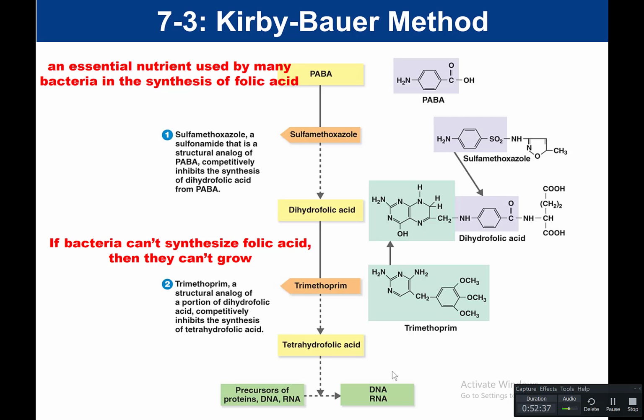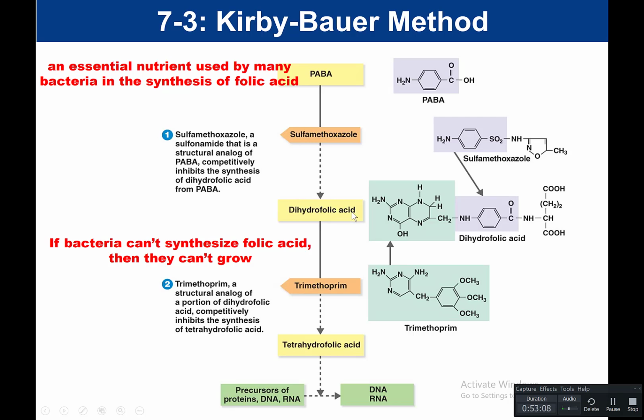Now, the way that the sulfa drugs work is that they inhibit this step going from PABA to dihydrofolic acid. In the metabolism chapter, you'll learn that the sulfa drugs are competitive inhibitors for the enzyme that converts PABA to dihydrofolic acid. And so this sulfa drug is going to inhibit dihydrofolic acid from being produced.